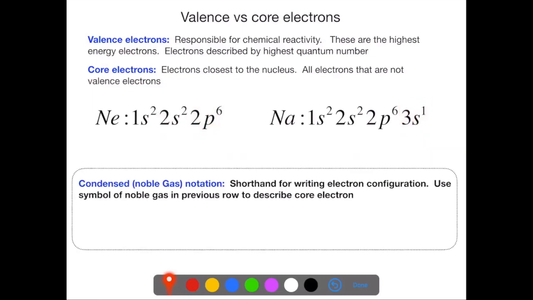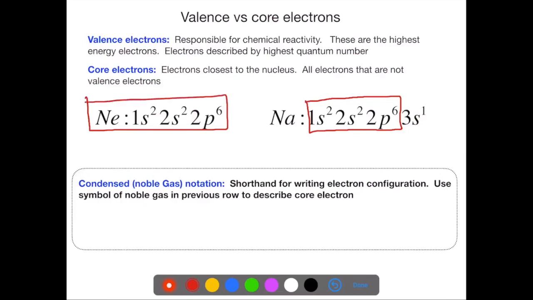So when we think about writing, we can write right now a condensed or noble gas notation. And when we write this notation, this is going to be a way of summarizing all of the core electrons as a noble gas. And then we can focus on just the valence electrons of an atom. And so the way we would do this is say, if we look at sodium, our core electrons, 1s2, 2s2, 2p6, are really summarized by neon, the previous noble gas.